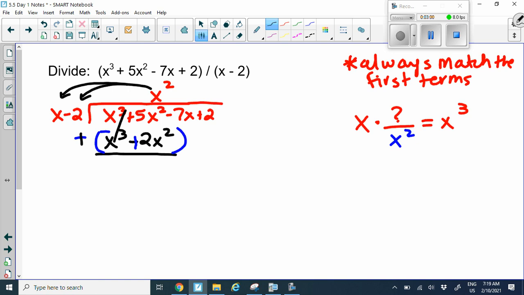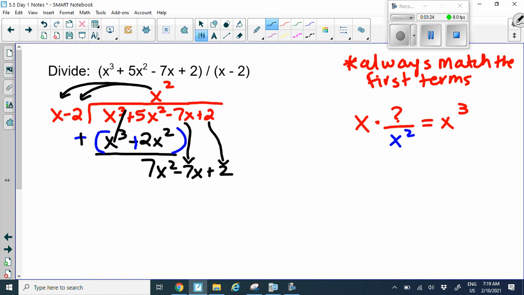That should always happen. So your first term should always cancel out. So you want to always match the first terms, and then the first term should always cancel. Now we combine our 5x squared and the 2x squared, so that gives us 7x squared. And then we bring down the next term, which is going to be minus 7x, okay? And we want to bring down the 2 as well.